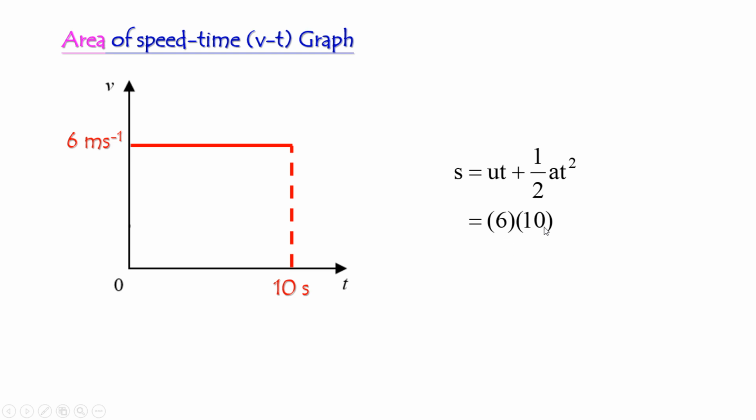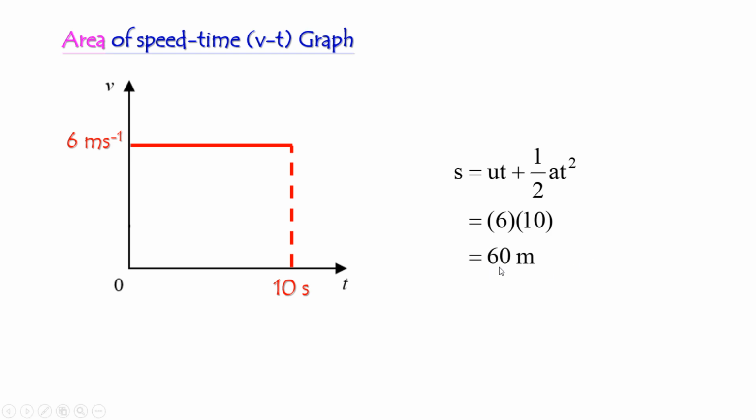And what is the acceleration of the object throughout the journey? Because the object moves with constant speed, so no change in its speed, the acceleration should be 0. So you can ignore the second term on the right hand side. So the distance travelled will be equal to 60 meters.